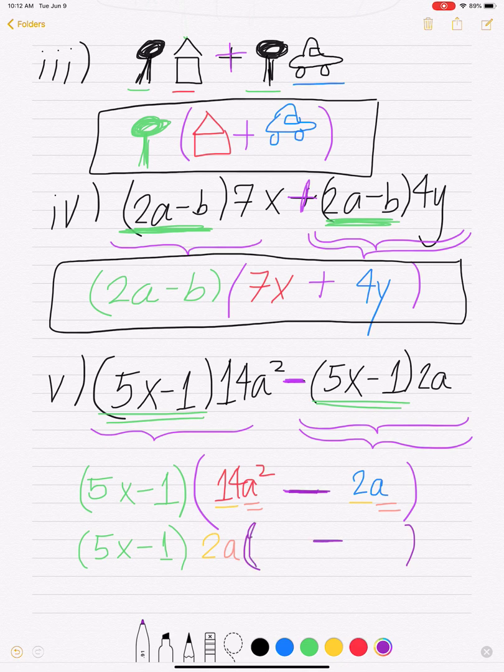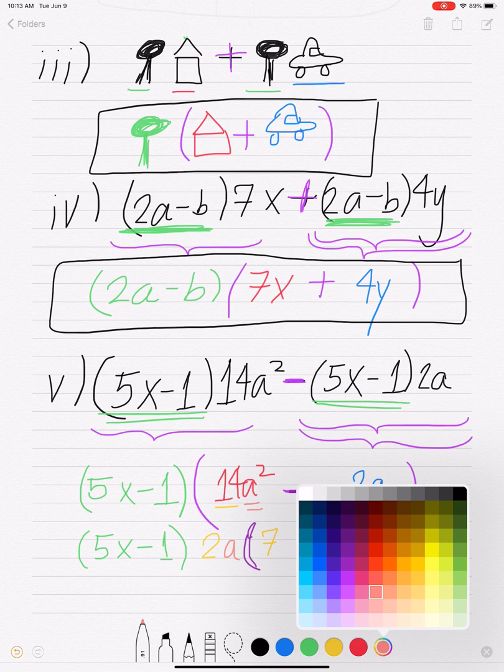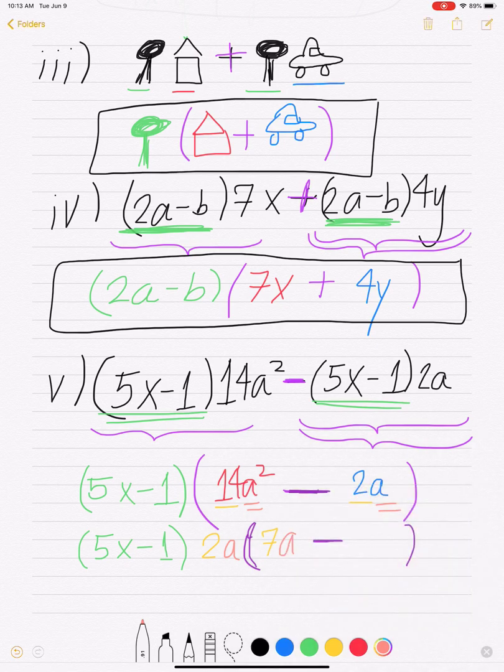What goes in the blank before the minus sign? What times 2a is going to give me 14a squared? First of all, what times 2 gives me 14? Well, 7. And what times a gives me a squared? Well, a. So 2a times 7a would give me 14a squared.